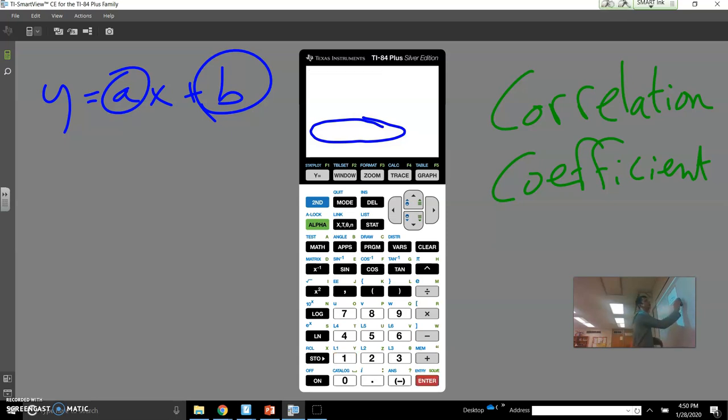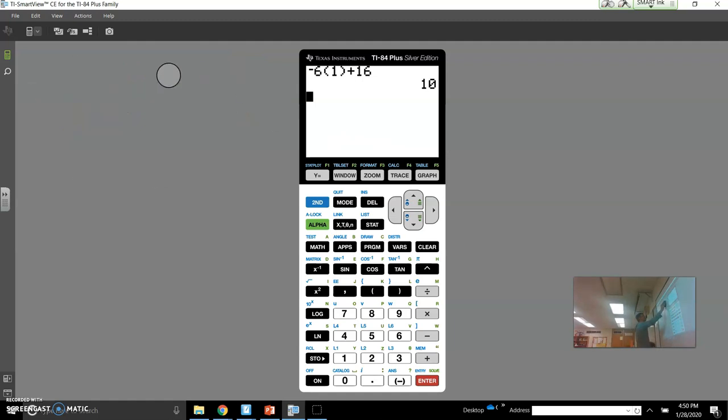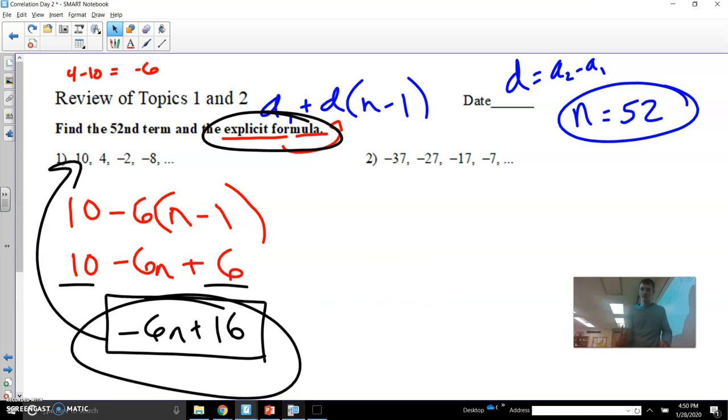Okay? That should work every time if you have the equation correct. If I was to plug in 2, -6 multiply 2 plus 16, you should see +4, which is the second value. So first number 10, second number 4. Anytime you have the equation and you need the sequence, make n1, make n2, make n3.